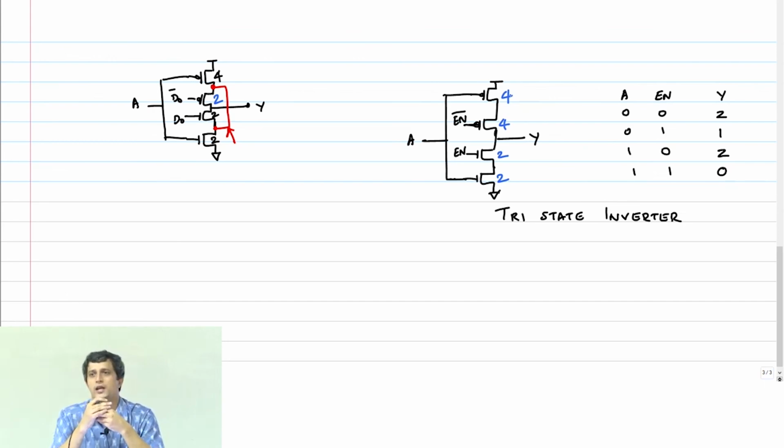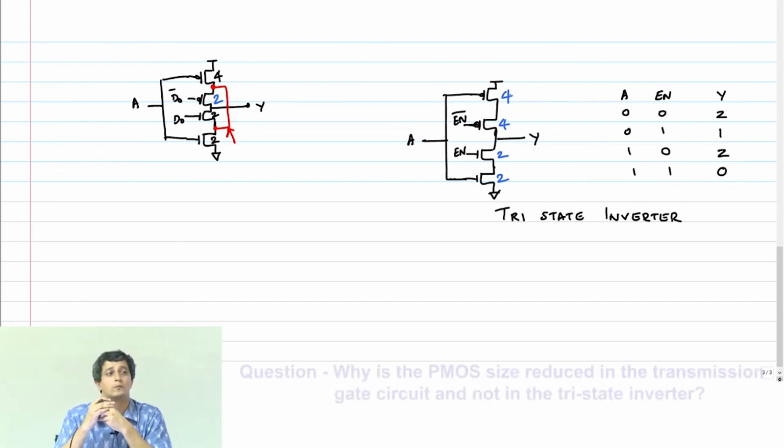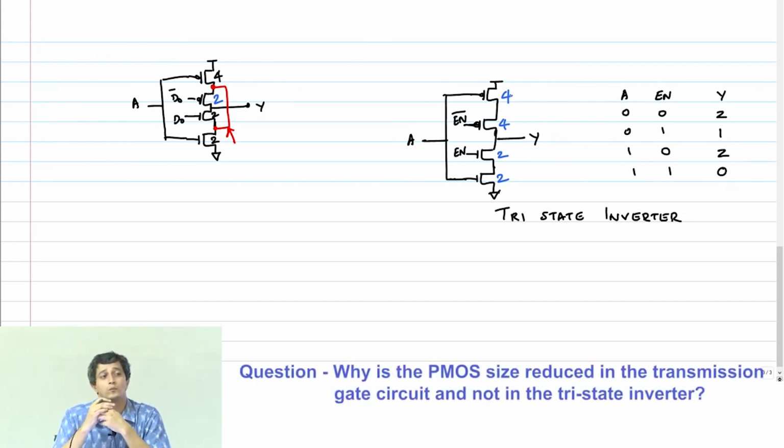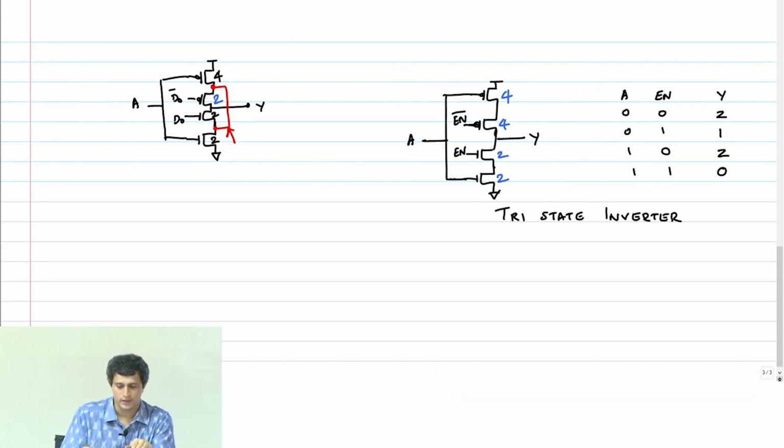Okay, clear? Any questions here? Yeah, if you look at this circuit, even when I am passing logic 0, in the tri-state inverter, when the output has to go low, only NMOS will conduct, PMOS is turned off.